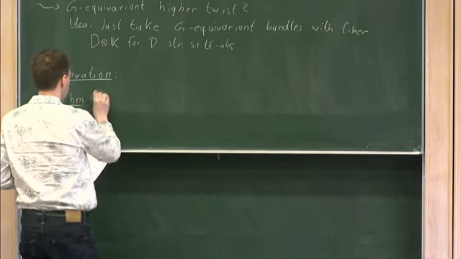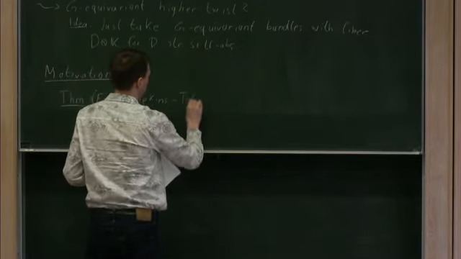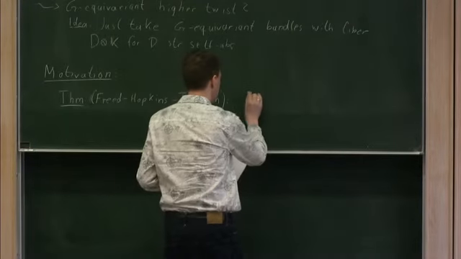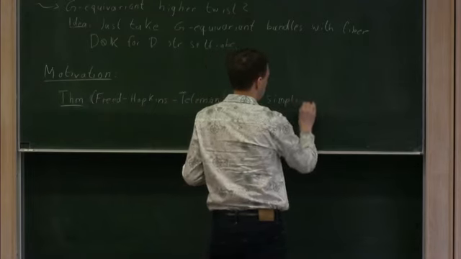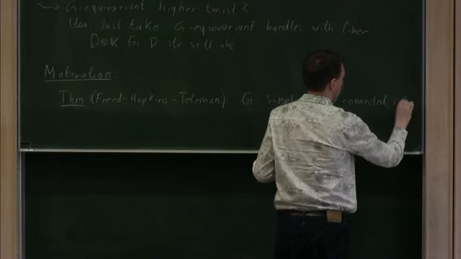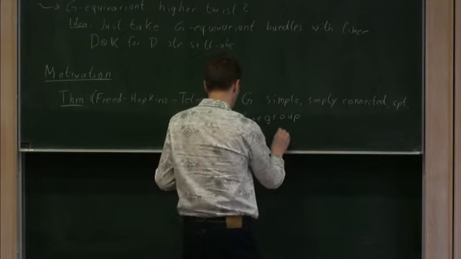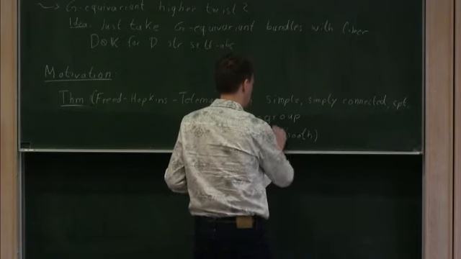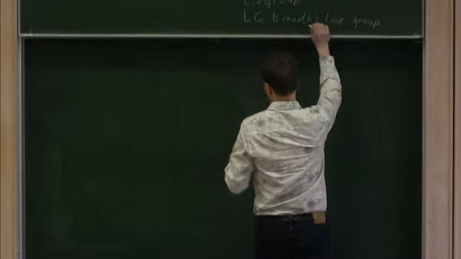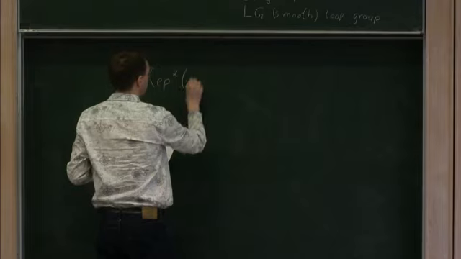There's a nice theorem by Freed, Hopkins, and Teleman, which says in particular the following: if I have a simply connected compact Lie group, and if I look at the smooth loop group, then the statement is, if I look at the representations at a certain level of the loop group.